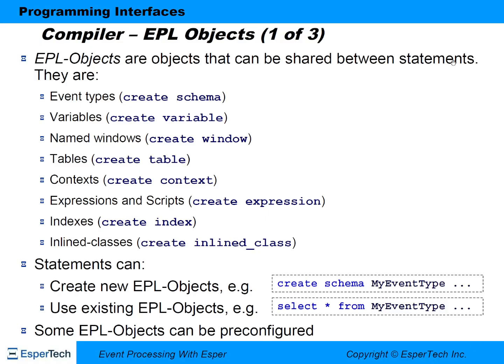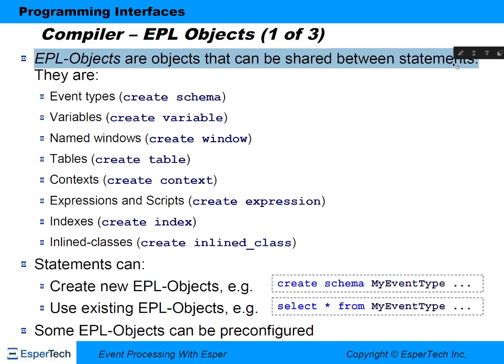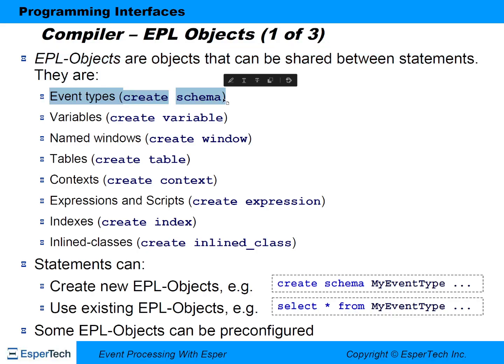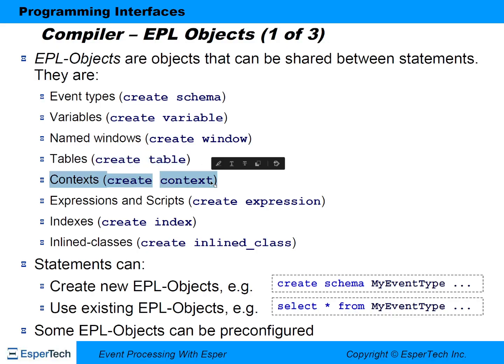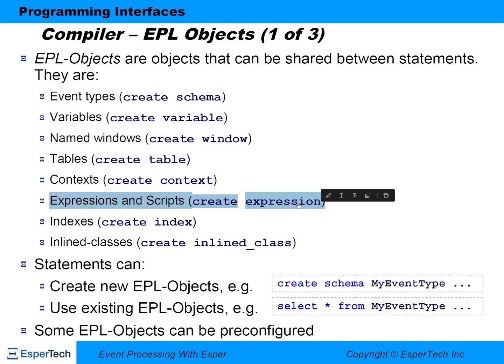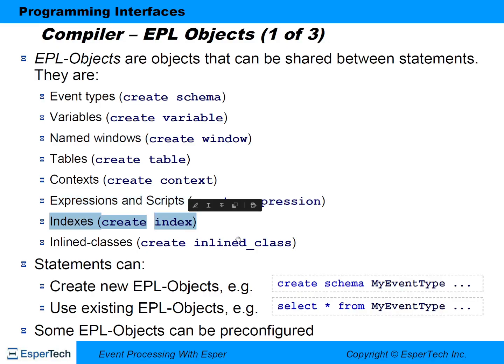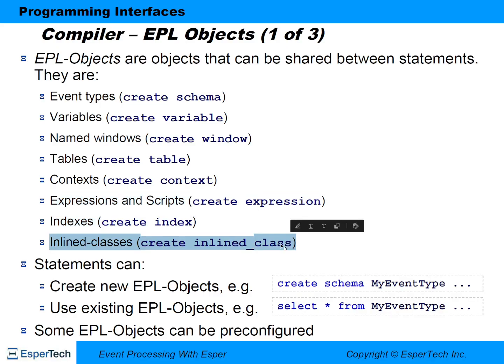EPL objects are objects that can be shared between statements. The full list of EPL objects is: event types, variables, named windows, tables, contexts, expressions and scripts, indexes, inline classes.